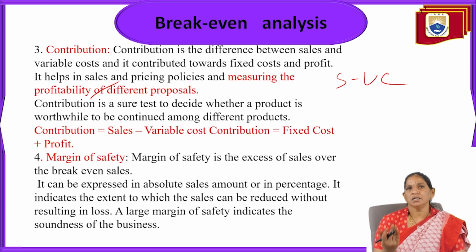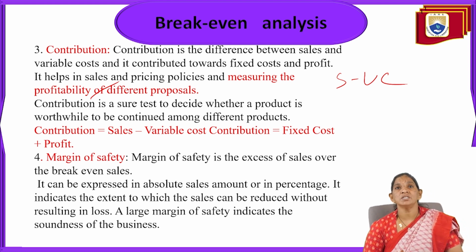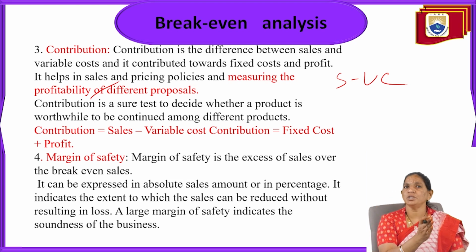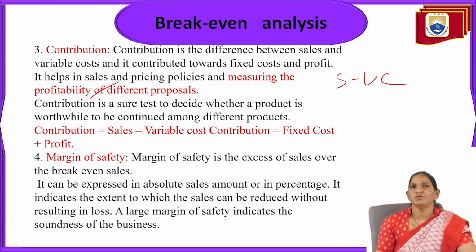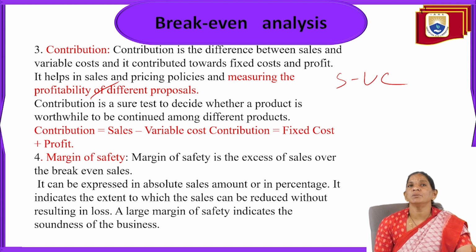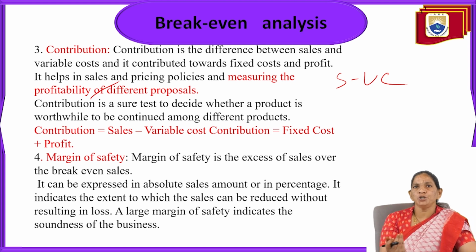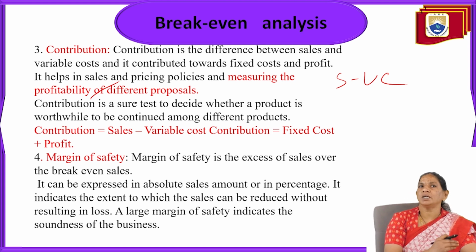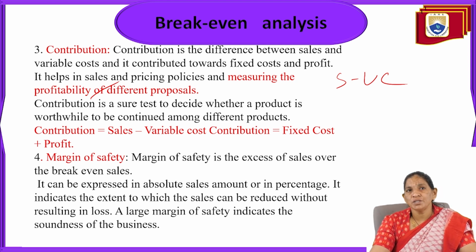Means what amount of profit we want, or different proposals we can submit: at how many units, what amount of profit we are getting. Maybe at 10,000 units I am getting 50,000 rupees, at 12,000 units I am getting 70,000 rupees. So with different proposals, alternative points where we can get differentiated profits can be identified.